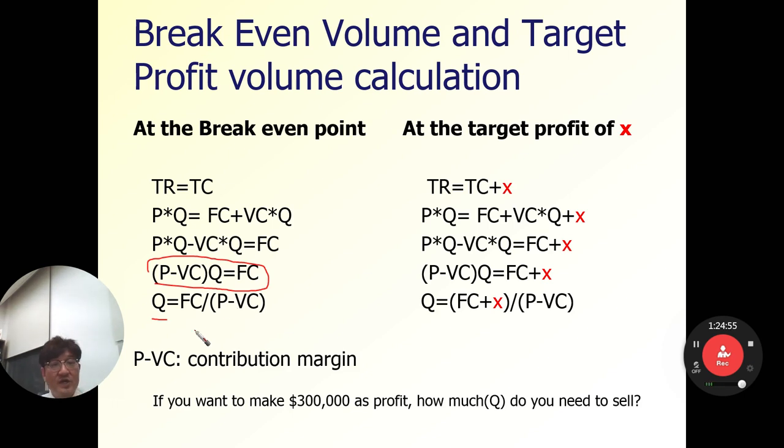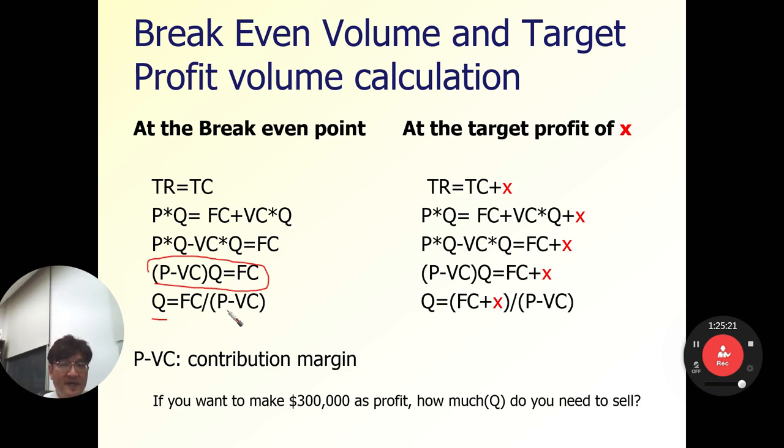In other words, if you divide the fixed cost by the contribution margin, you will find the break-even quantity. Just think about this logically. You invest some money as a fixed cost.